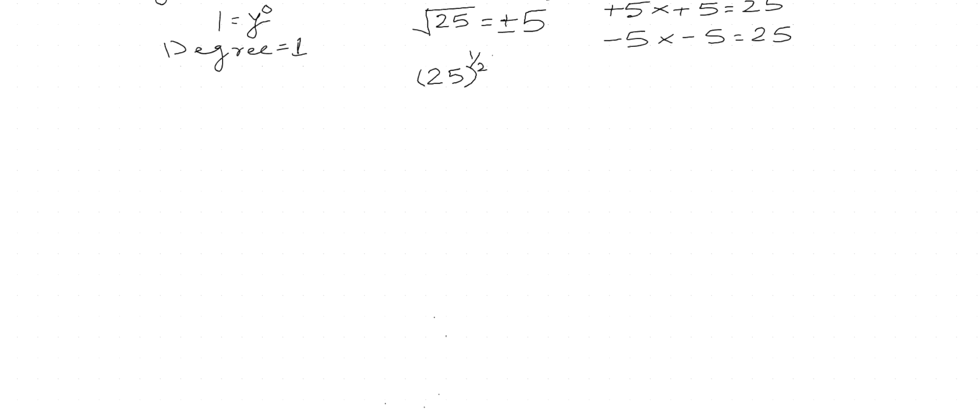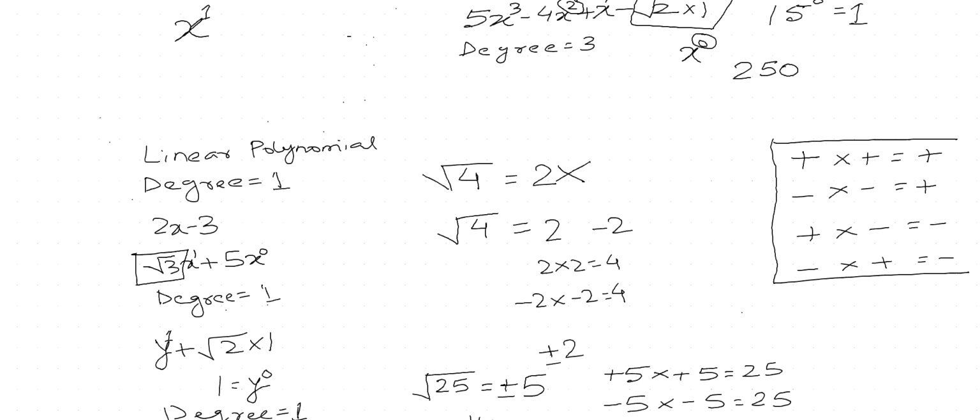Now, a polynomial of degree 1 is known as a linear polynomial. I have covered this, no? So if the degree is 1, this is your linear polynomial. Now we will study if a polynomial has degree 2.